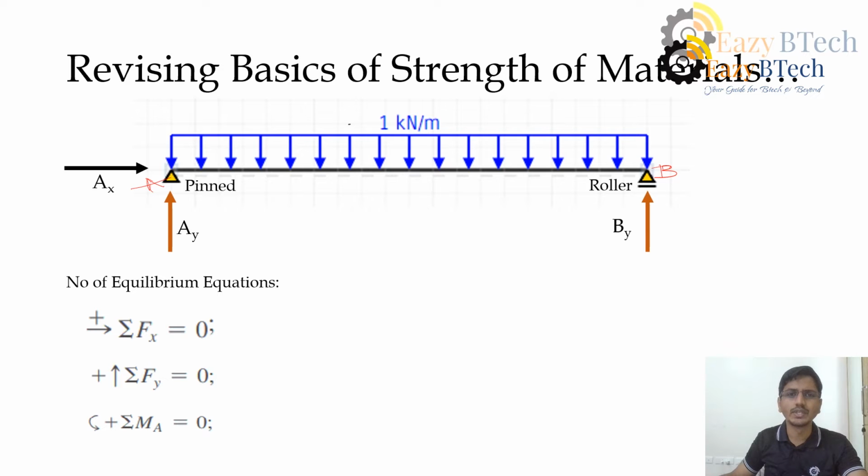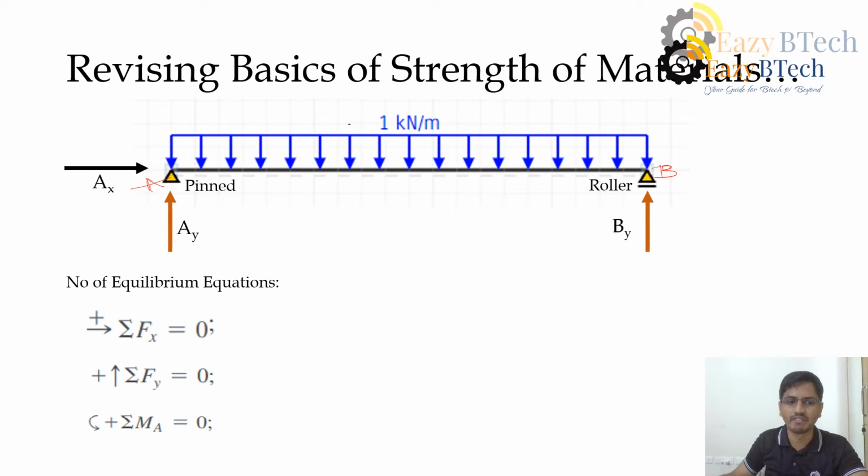Along with that, you have seen the number of equilibrium equations. Since throughout this course we'll be dealing with 2D structures, we'll see the equilibrium equations for 2D structures. As per Newton's third law, we'll have three equilibrium equations for any type of 2D structure. What are those?